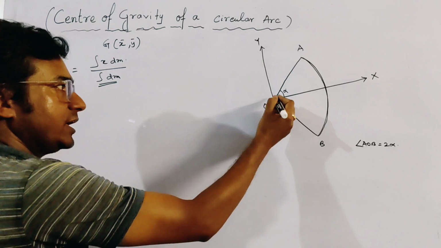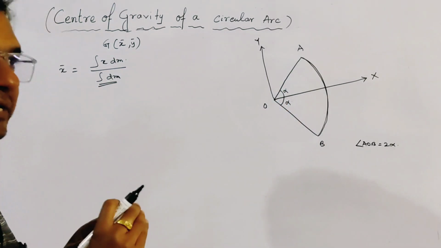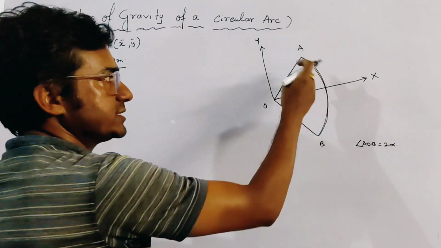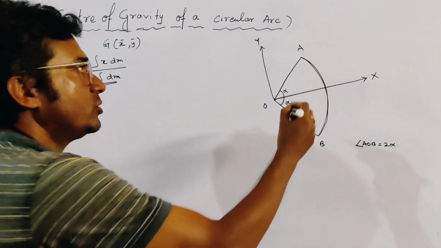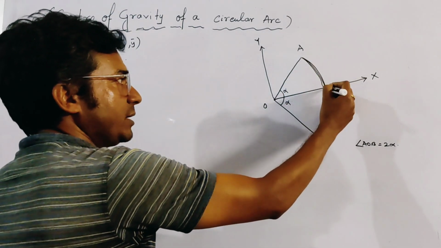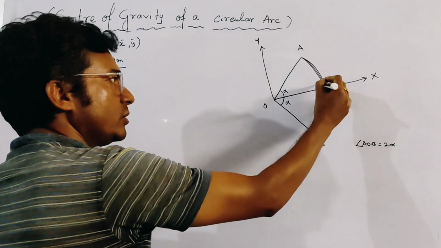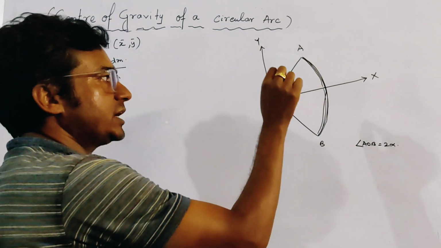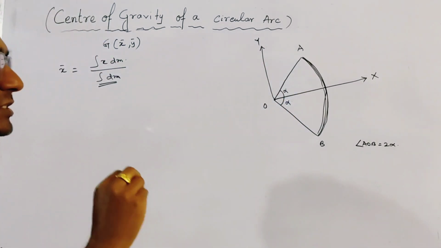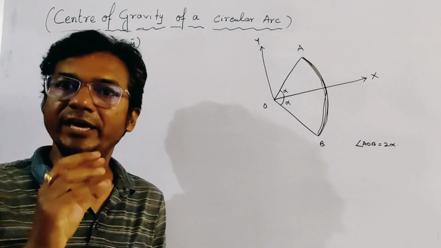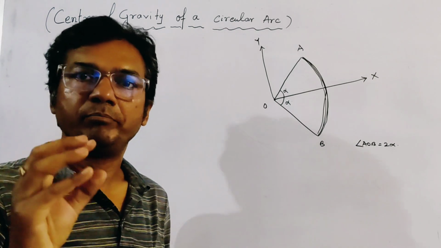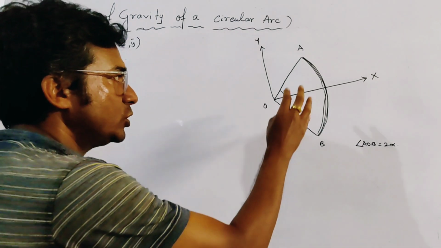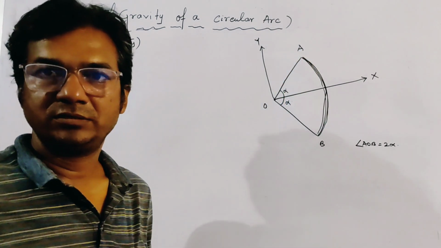And we see here that for this particular type of curve, this curve is symmetric about the x-axis, because there are the same type of portion on two sides of the x-axis. For a body symmetric about any axis, the center of gravity must lie on this axis, because two sides have the same mass.